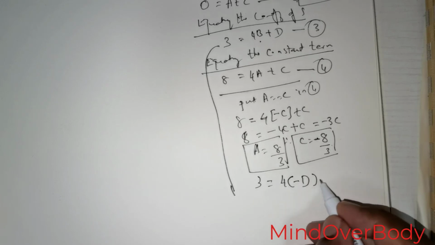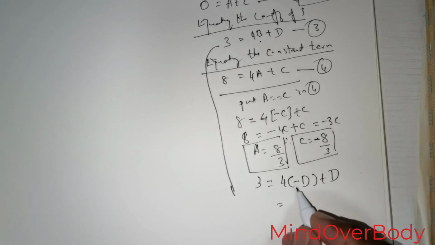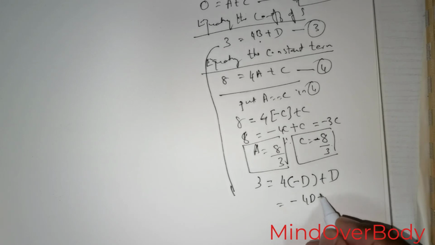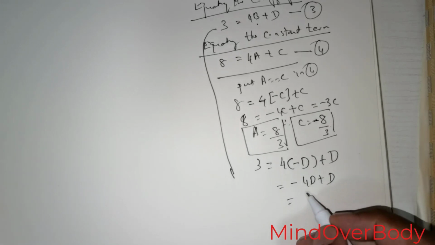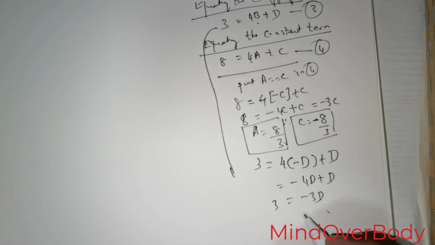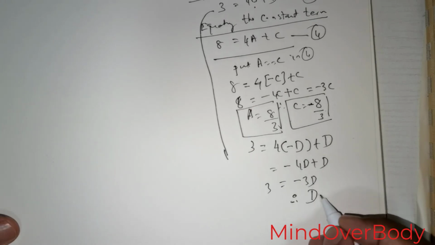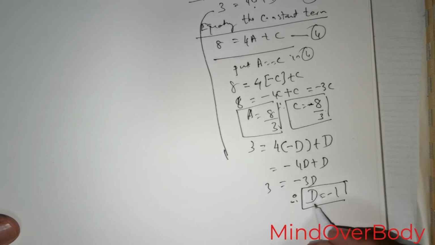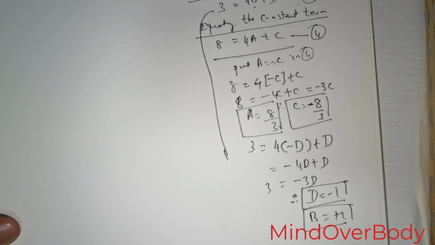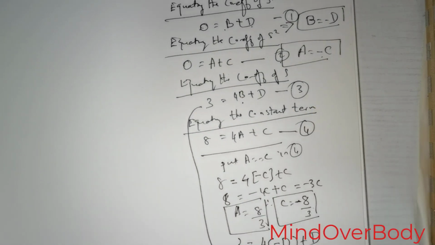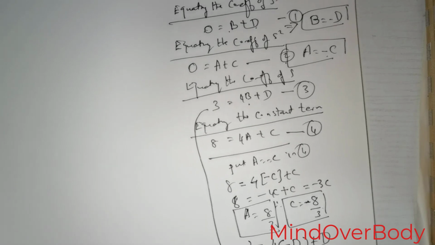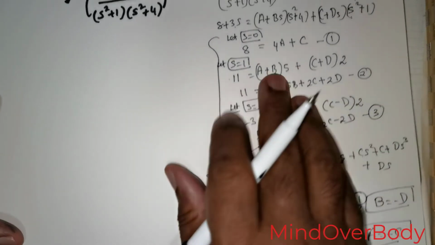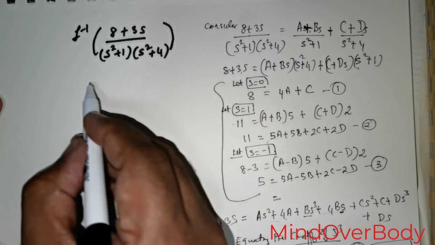So I substitute that and I get a d there, and over here negative 4d positive d, this is equal to negative 3d is equal to 3. Therefore my d is equal to negative 1, my b is equal to positive 1, right? Because b is equal to negative d. So I've got a, b, c, d, all the values. All I need to do is to substitute them into the system.